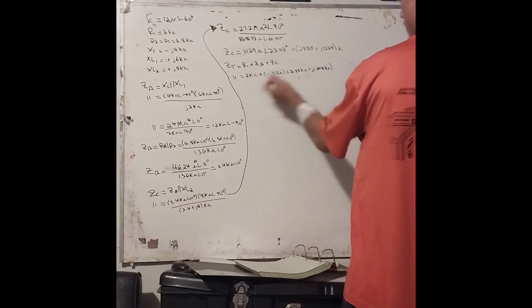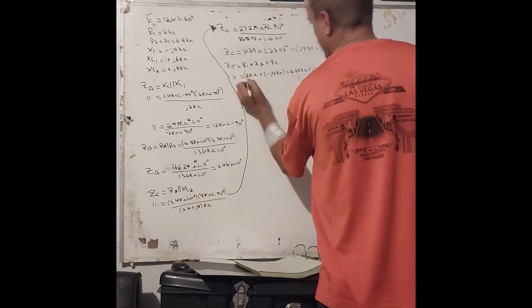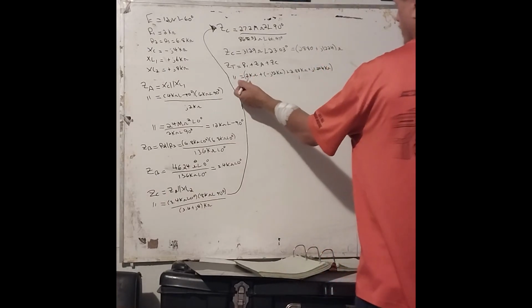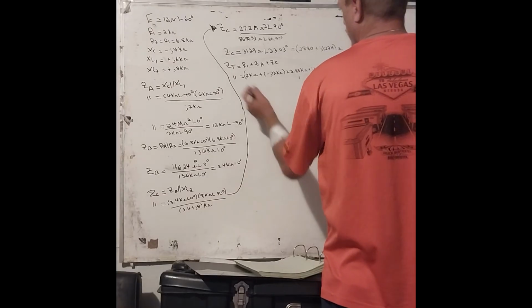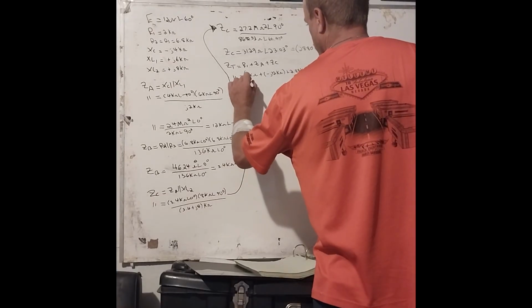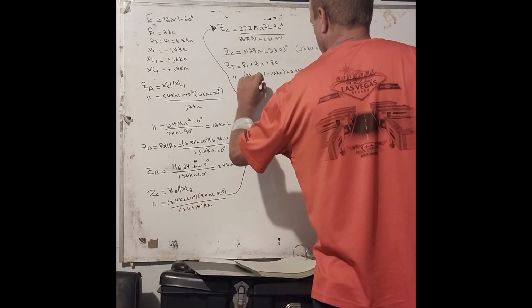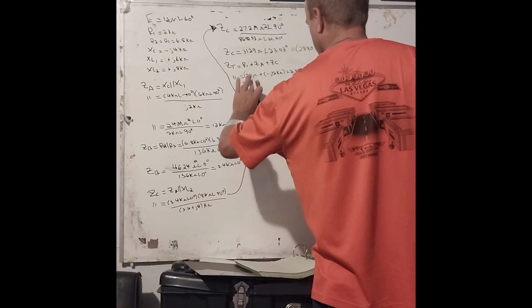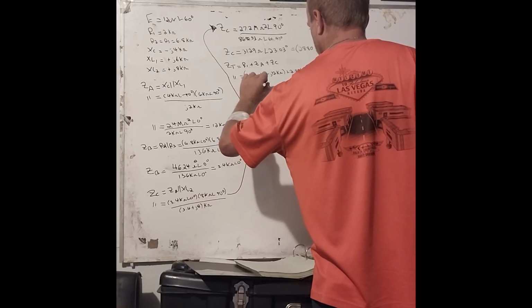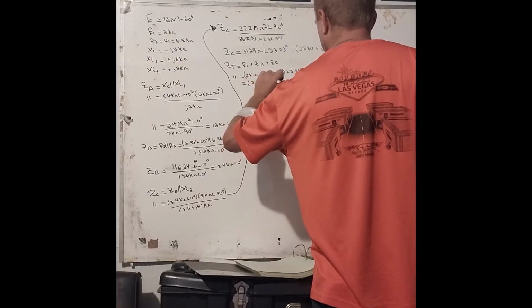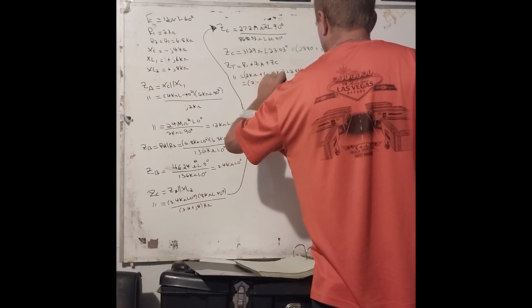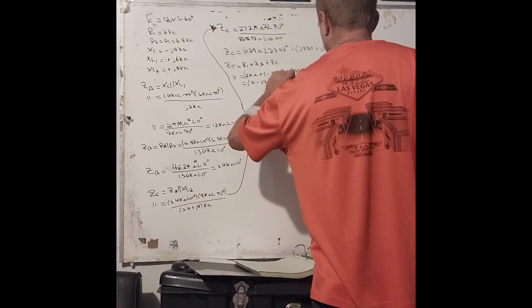I could have brought all the k ohms out. I just want to show how they can all be distributed out of those parentheses. I'll rewrite it just so you can see what I'm talking about. 2 minus J12 plus 2.88 plus J1.22.